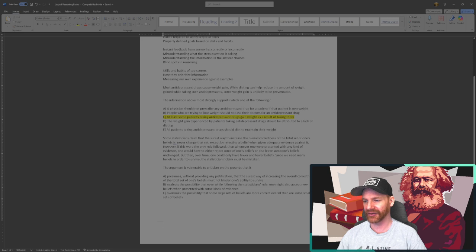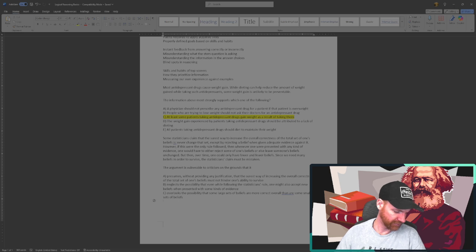One would have to either reject someone's beliefs or else leave someone's beliefs unchanged. Okay, B, I think B is still incorrect in that statement. But I think C also overlooks something.